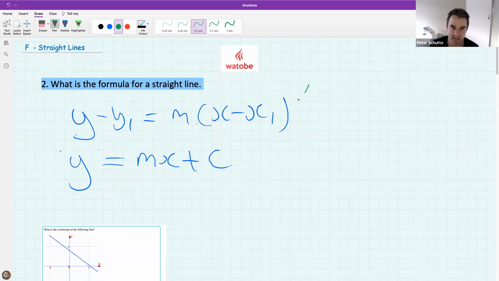Normally, this is an intermediate phase at the beginning, and then we end up kind of with this one. There's 2 ways to find the equation of a straight line, which I'll show you now. But I want to ask about 2 of them. I see there's an M here, and I see also there is a C here.